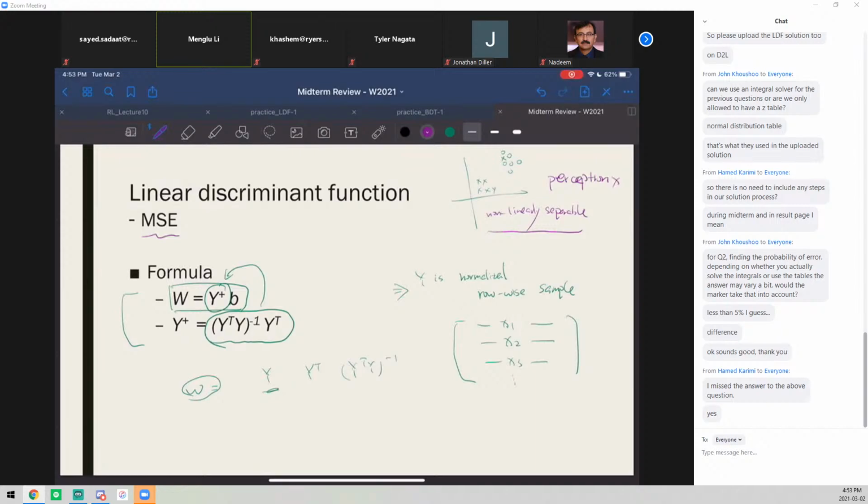But for MSE, we don't care, because we only need the Y, then we can calculate the W. We can get the final W. Even though the final weight cannot make all of them correctly classified, at least we have an answer. We can make this process work.